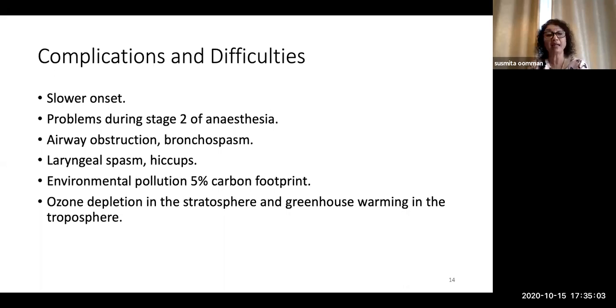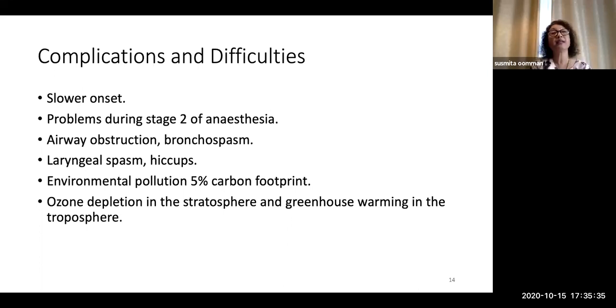And the worst thing, which has come to light now, is that all these volatiles are actually causing environmental pollution. They have found that it is responsible for 5% of the carbon footprint. And in this day and age where we are very concerned about preserving and saving our earth, we know the importance of carbon footprint. 5% we think is a very small amount compared to all the other agents that people are using.